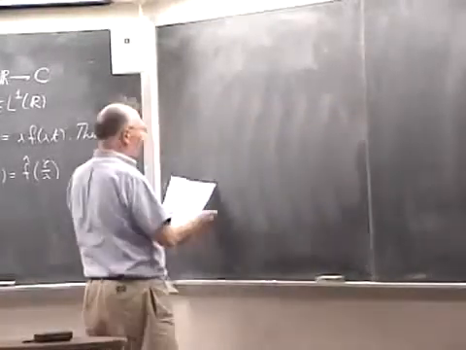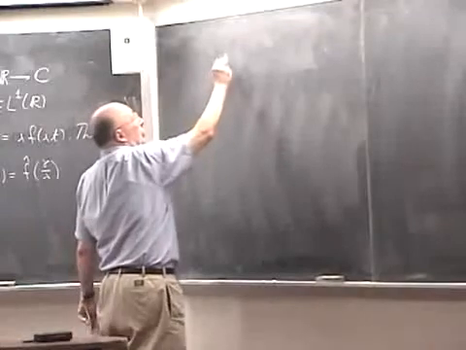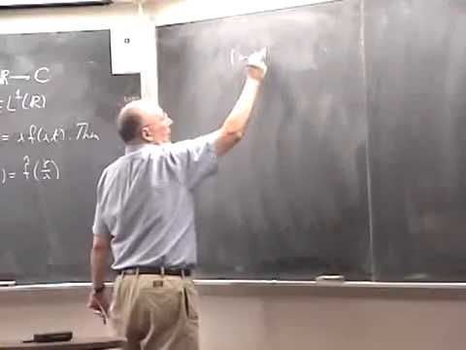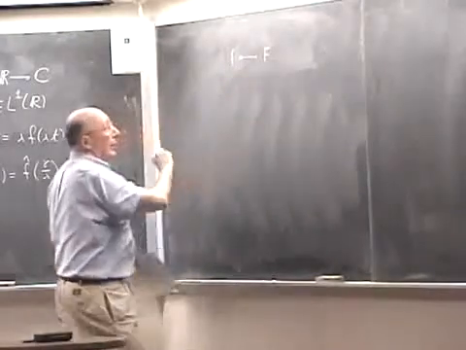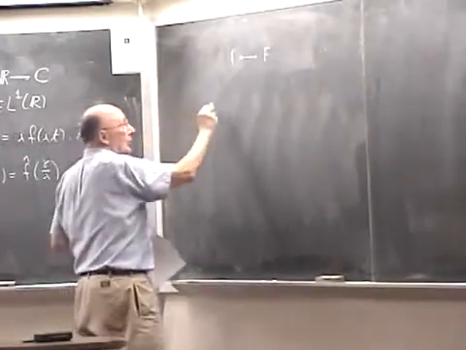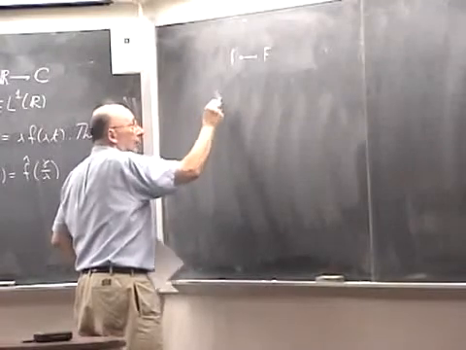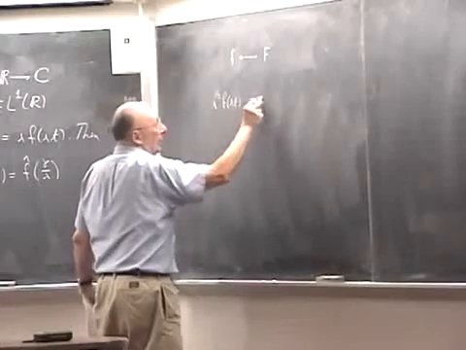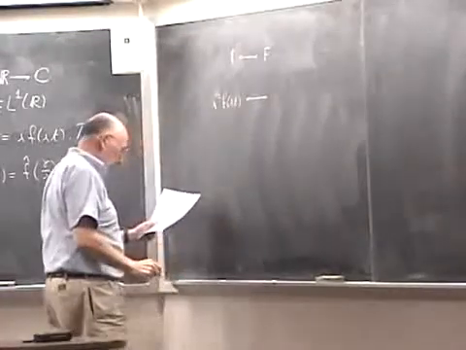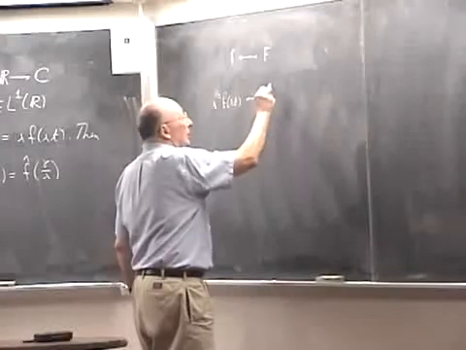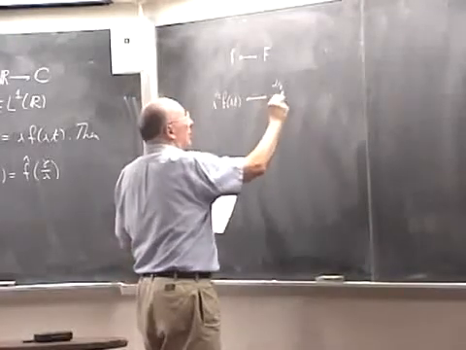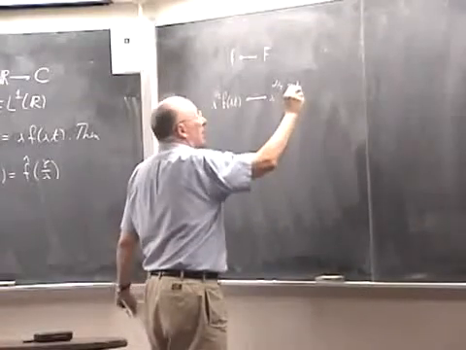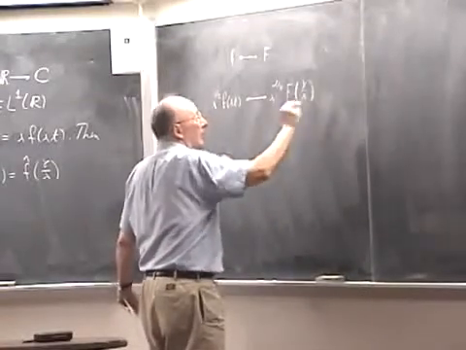If we use the notation f going into its Fourier transform capital F, then for the L2 norm, lambda to the 1/2 f of lambda t has its Fourier transform lambda to the minus 1/2 F of gamma over lambda.